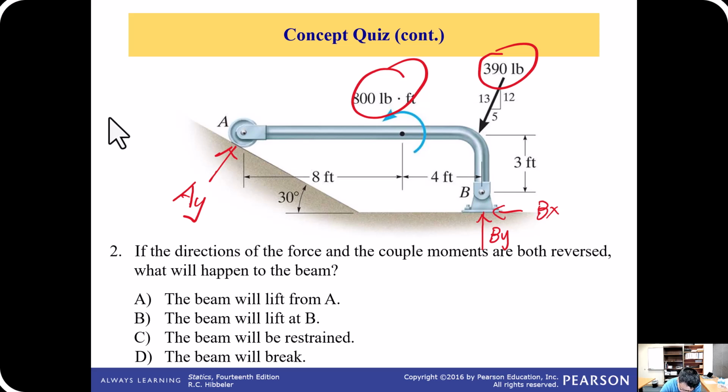What if we change the moment to this direction, and change the force to this direction? The object will be lifted from point A, because point A is a roller. It can only provide forces which push the roller up. It cannot push the roller back. It cannot hold the roller from rotation, which means the beam will be lifted from point A.